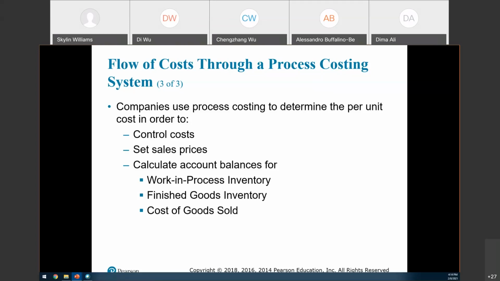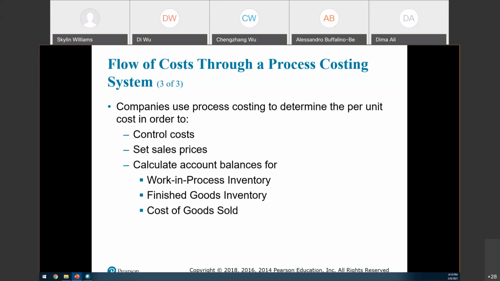And the second purpose is to set sales price. The company wants the sales price to cover the cost of making the puzzles. And the company also wants to earn a profit.